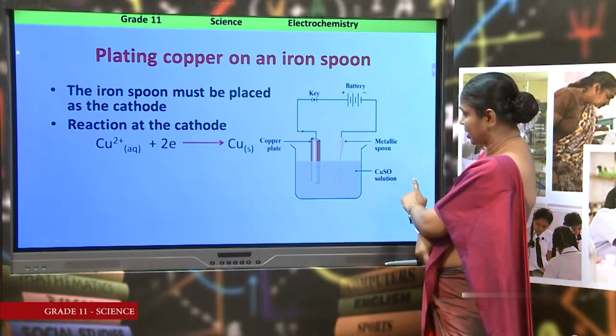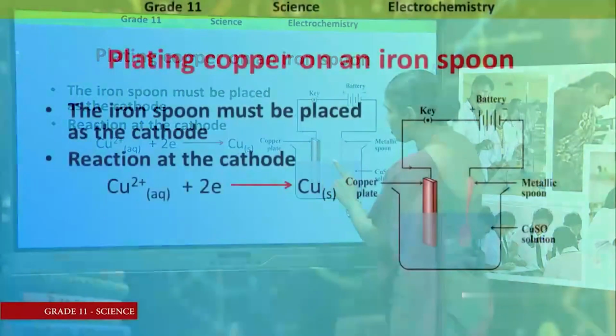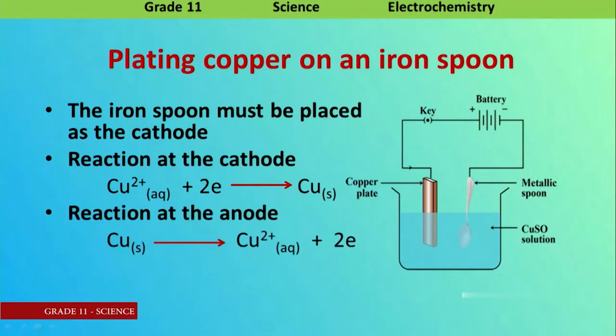See, children, this is what happens at the cathode, right? Copper ions in the solution receive electrons and turn into copper atoms, the copper metal. Then the anode dissolves and releases copper ions continuously to the solution.